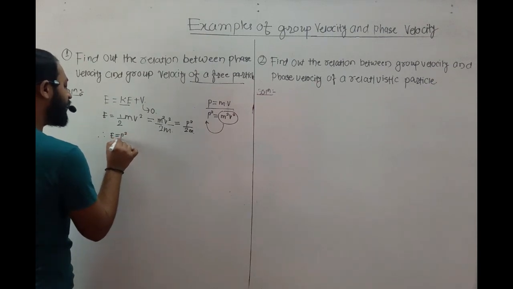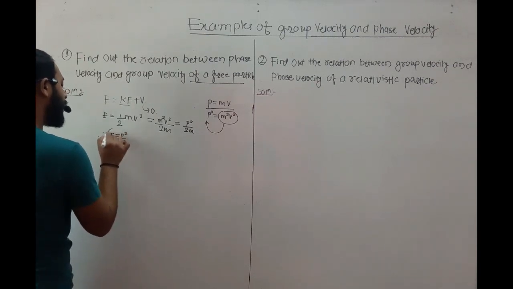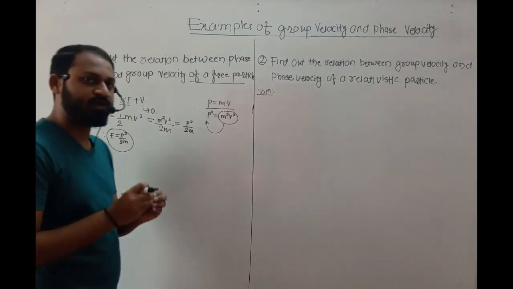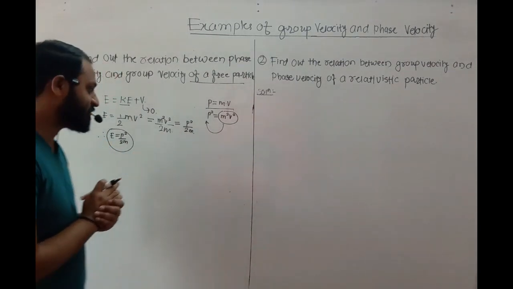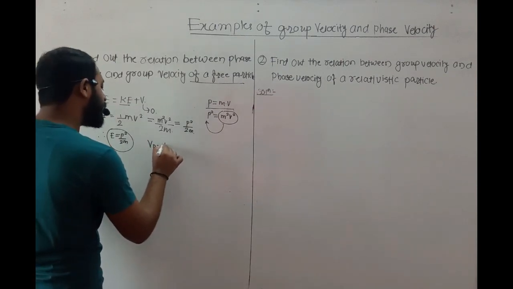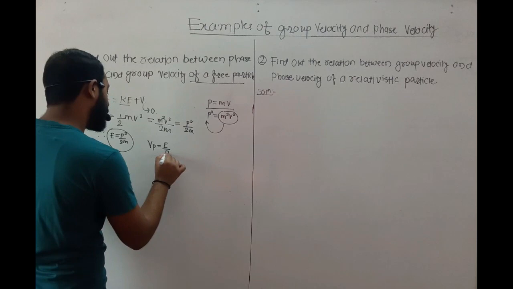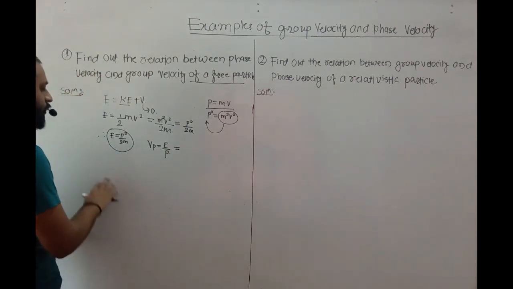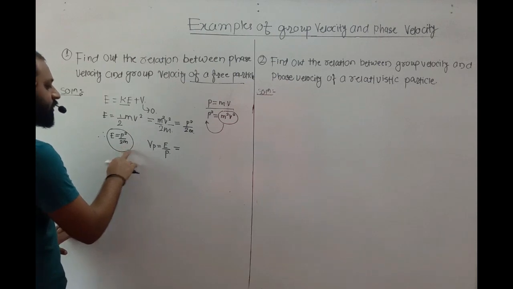Therefore total energy is p square by 2m. Now I have already given you a formula for phase velocity in terms of energy and momentum, that is Vp equals E by P. You have the value of energy, put this value here.